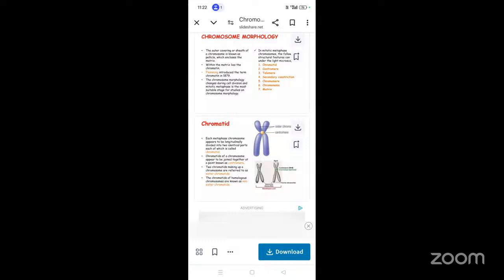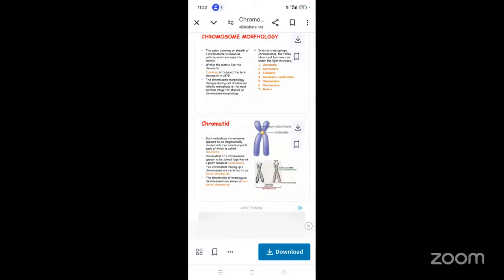Chromatid. Each metaphase chromosome appears to be longitudinally divided into two identical parts, each of which is called a chromatid. Chromatids of a chromosome appear to be joined together at a point known as the centromere. In between the chromatids, especially in the central part, is the centromere.